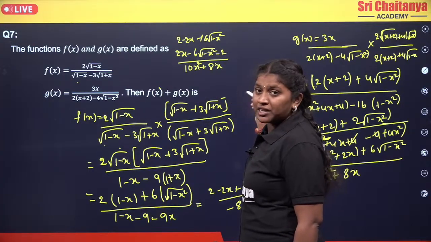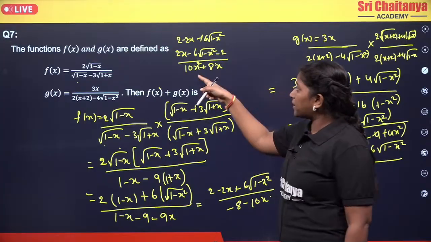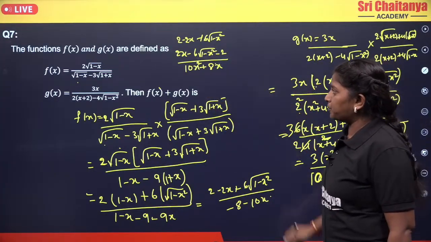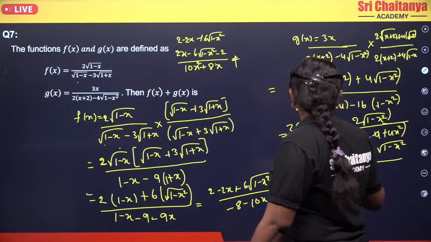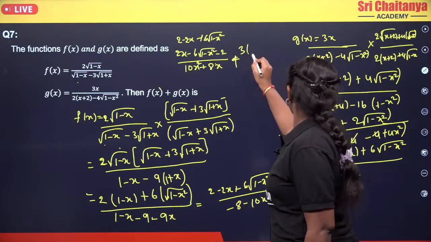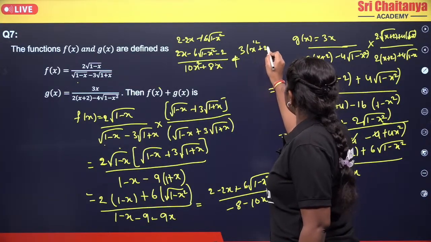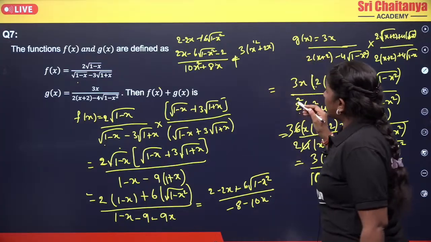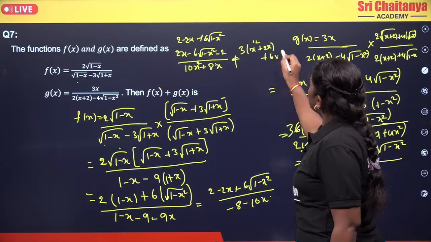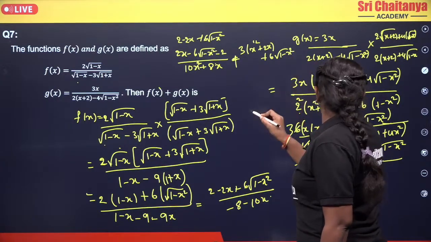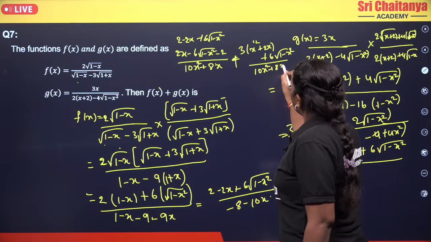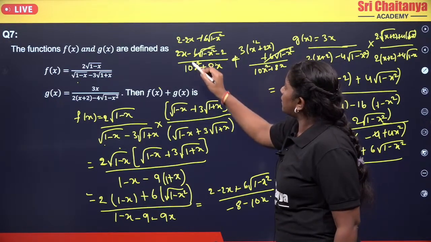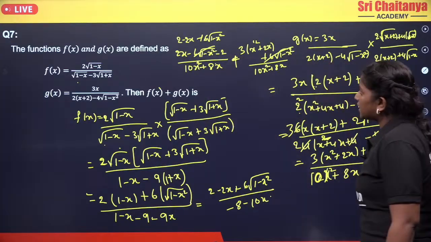So from there you will be taking your 2 common, and you will be getting your 5x square plus 4. So here finally we will be getting plus, so once again it is 3 into x square plus 2x, okay, and here it is plus 6 root of 1 minus x square by same 10x square plus 8x. Now 6 root of 1 minus x square, 6 root of 1 minus x square will get cancelled.